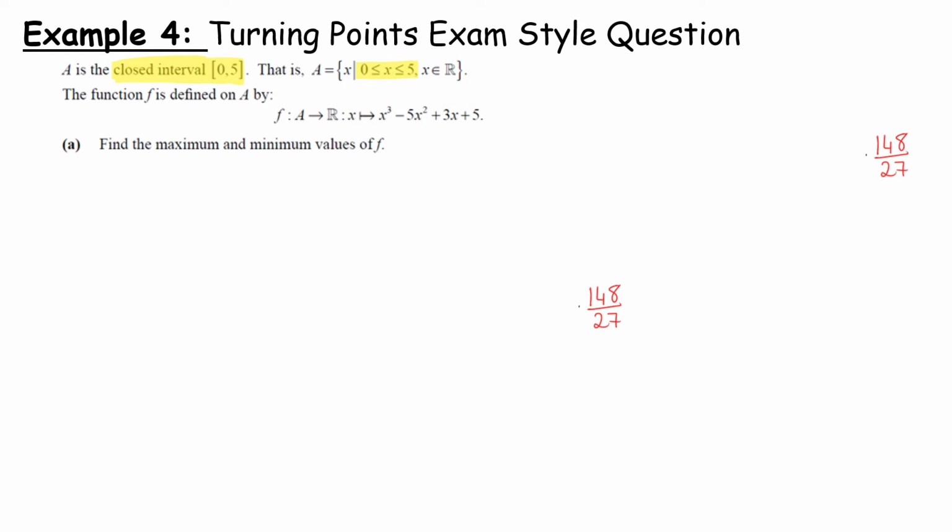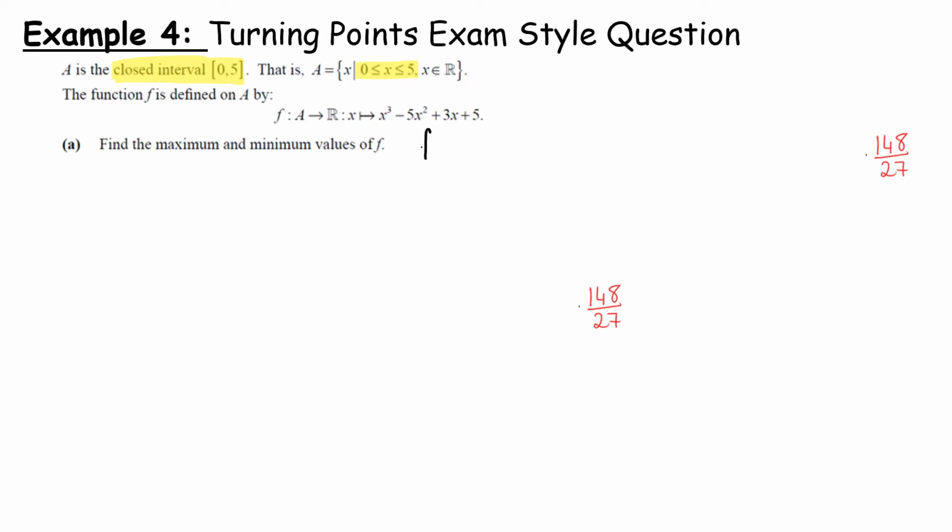So that means we have a very interesting little question here. So we have a function which is defined for the closed interval onto all real numbers. So f of x defined from the domain of a, so between 0 and 5, to all the real numbers, where x is given as this.